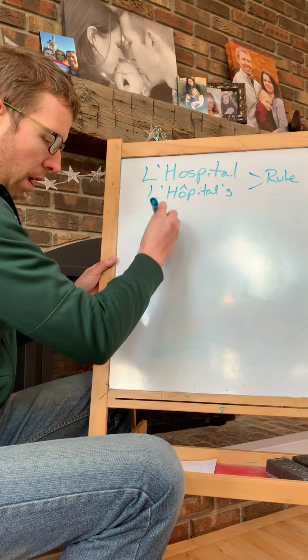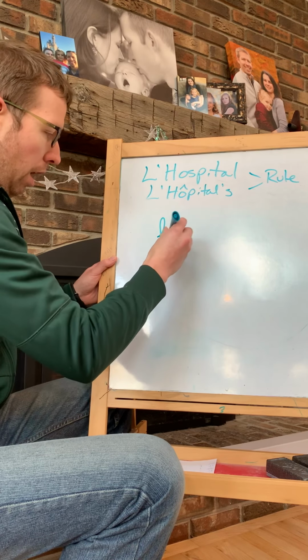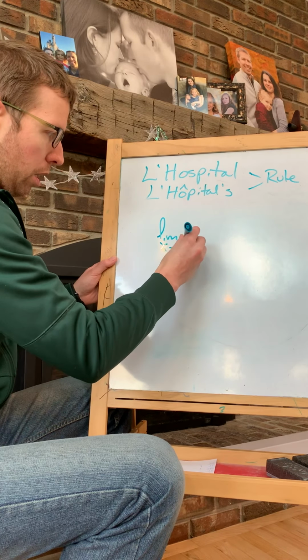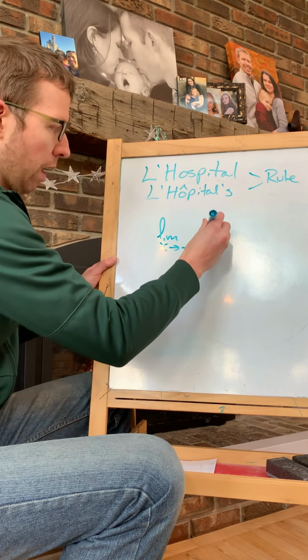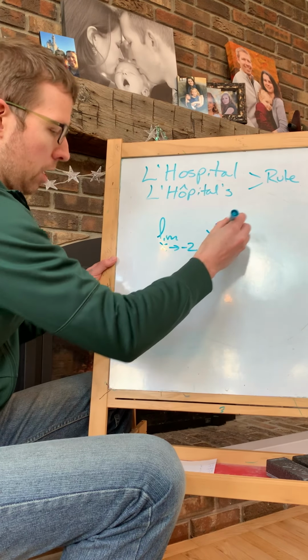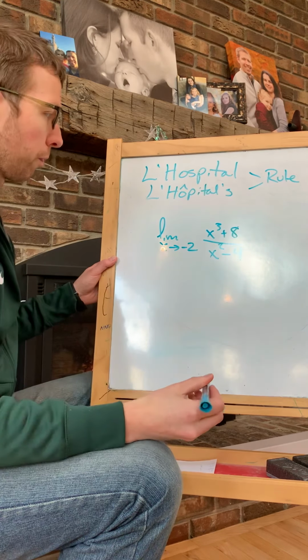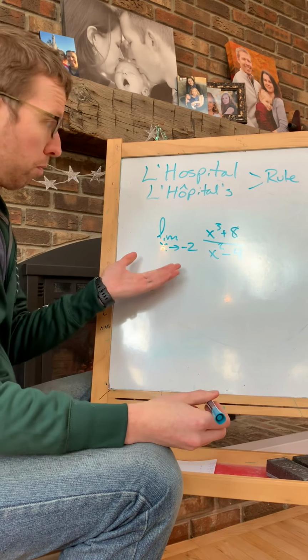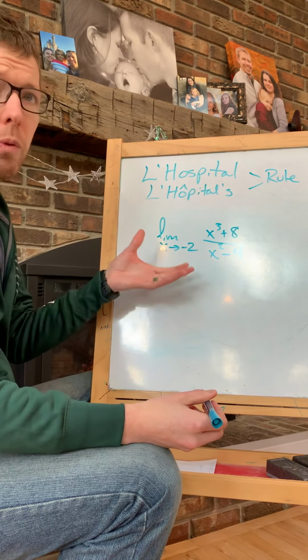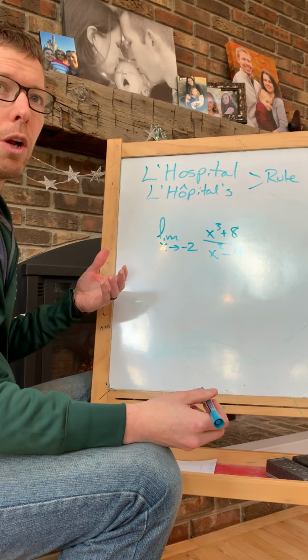Now, let's say that we have the limit as x approaches -2 of x cubed plus 8 divided by x squared minus 4. Let's try first evaluating the limit, because we always try evaluating a limit by plugging in numbers.